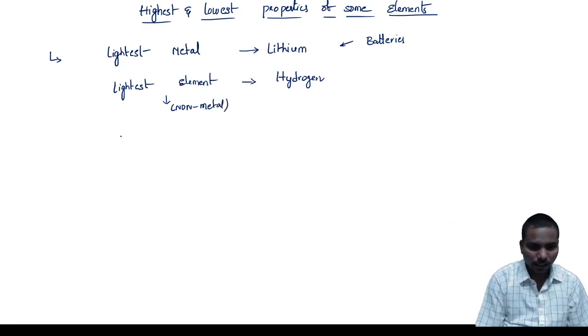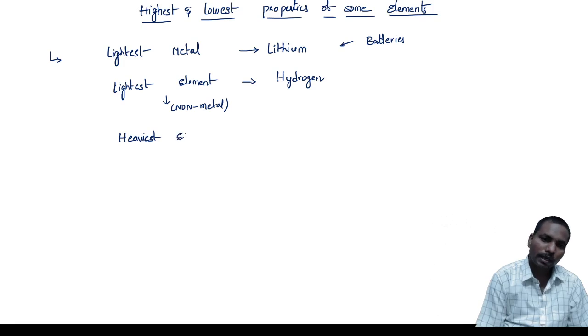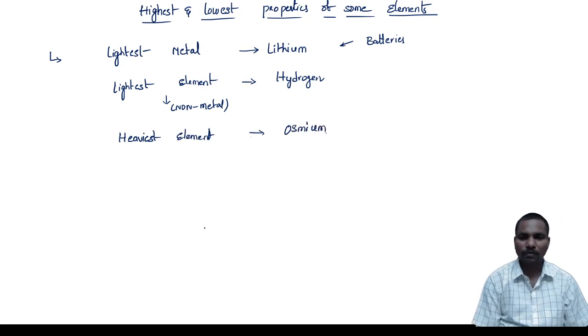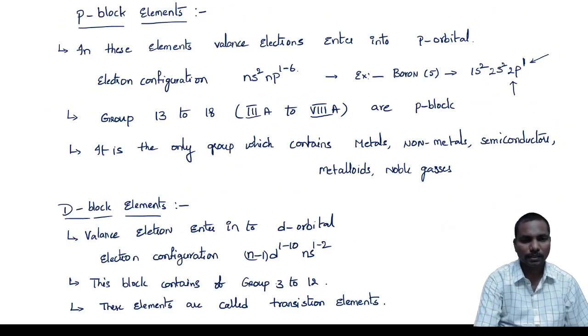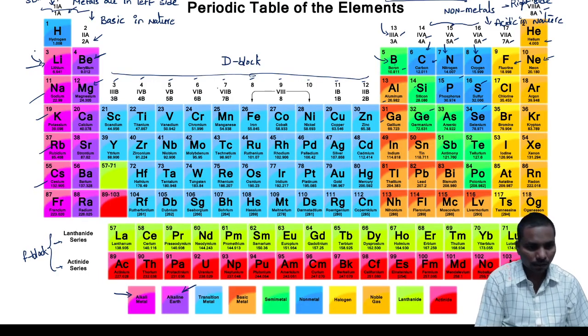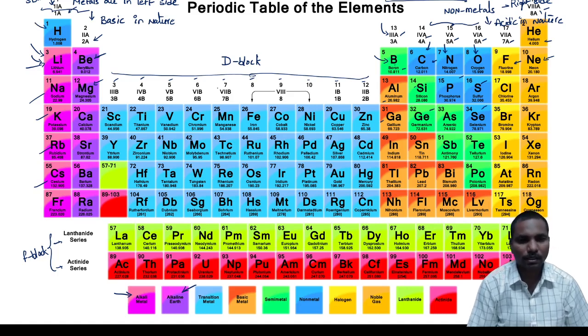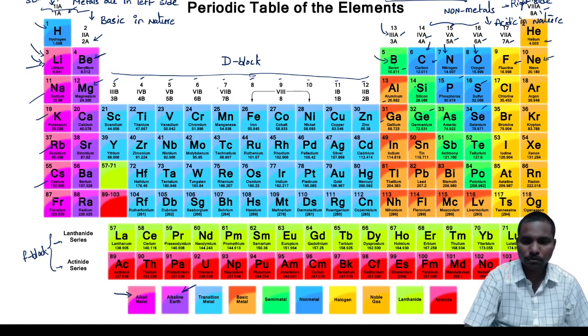If they are asking the heaviest element, that is osmium. Osmium is the heaviest element. So here lithium is the lightest metal, and among non-metals, hydrogen is the lightest.